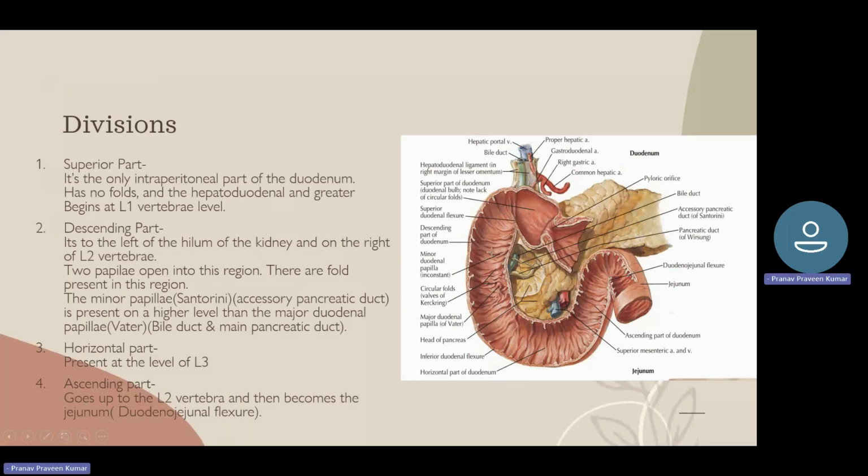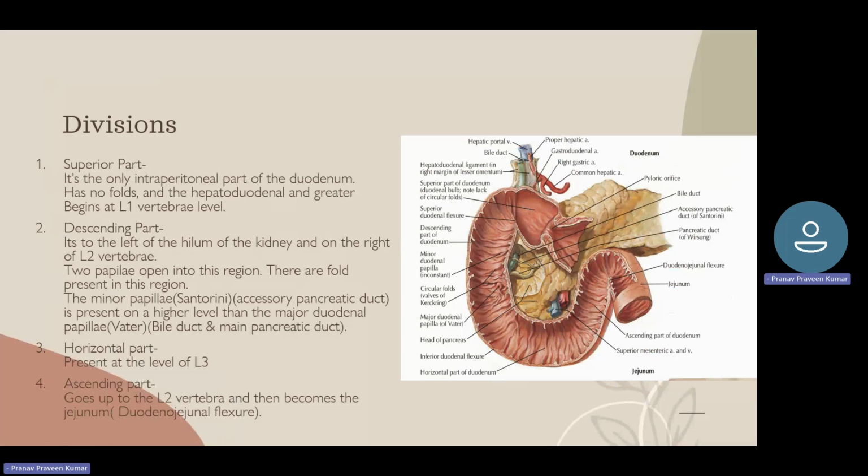Now let's go to the descending part. This is present to the left of the hilum of the kidney and on the right of the L2 vertebra. There are two papillae in this region. The minor one is present above the major one. The major one has two ducts emptying into this papillae, the bile duct and the main pancreatic duct.